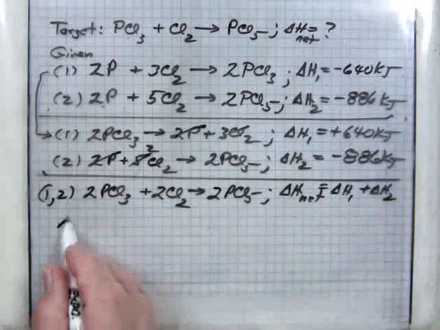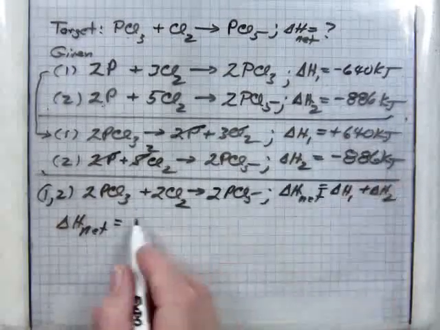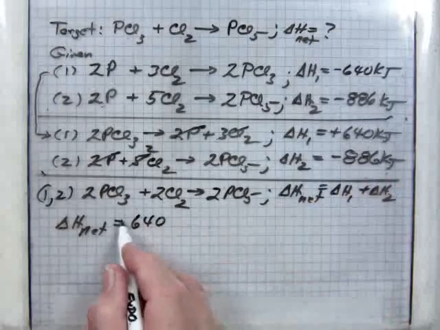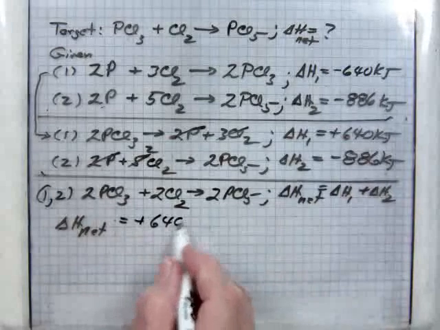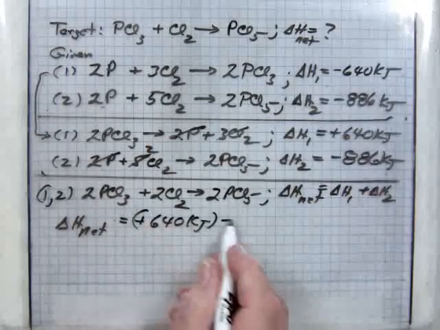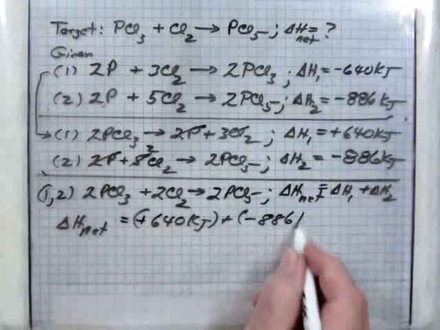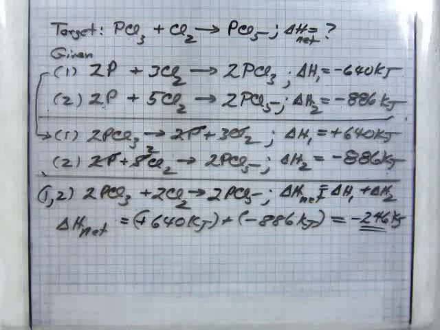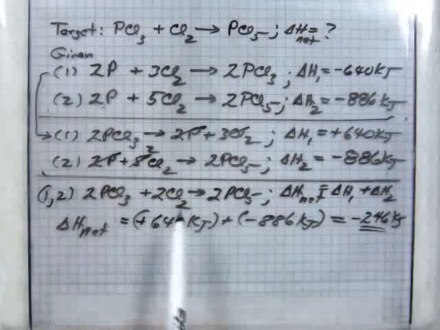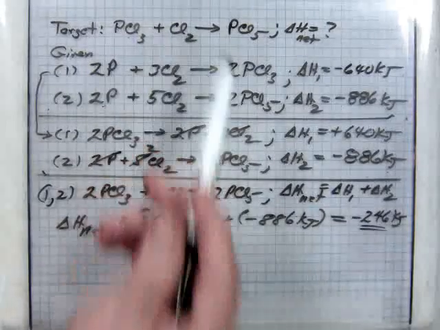So delta H net, with delta H1 being a plus 640 kilojoules, algebraically plus negative 886 kilojoules. Okay, so we get a minus 246 kilojoules out of that, but the equation is still not the target equation.